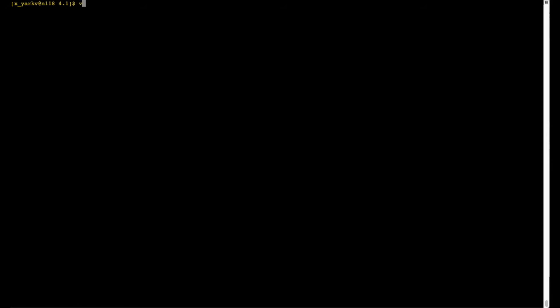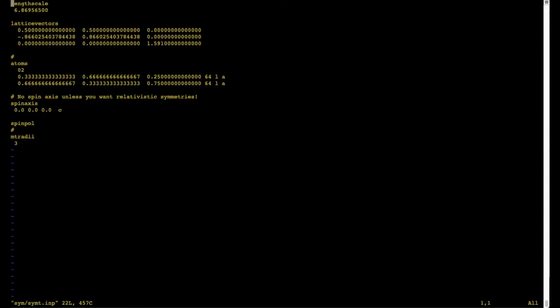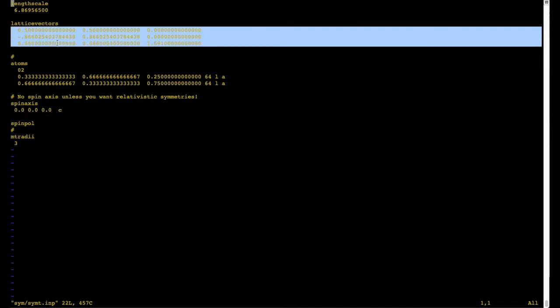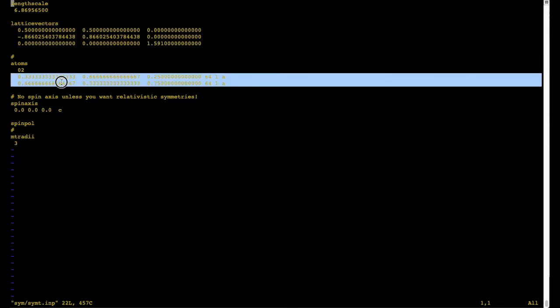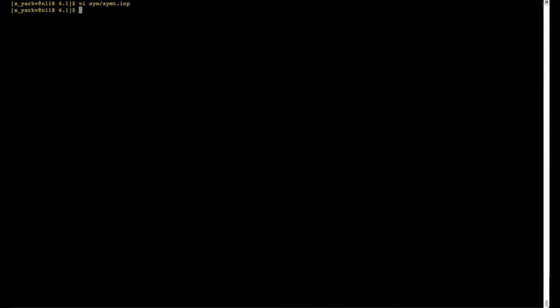To have a look at the crystal structure, we can look at the SIMT-INP file. Here it is. You can see it has HCP structure with 2 atoms in the unit cell, which are in fact equivalent. In order to make 4f electrons spin polarized, we modified the data file in the atom directory.